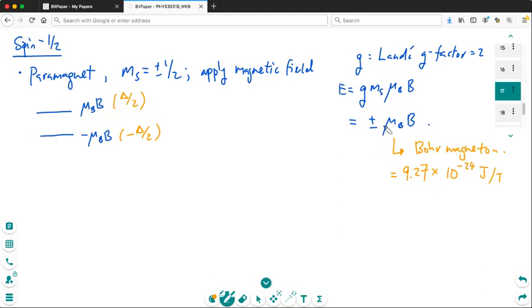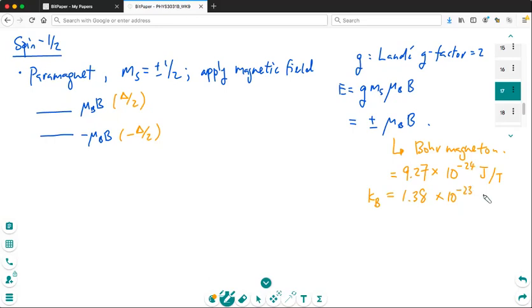You can think of it this way, right? So this is an energy scale which is more or less determined by my external field. If I apply 1 Tesla, the splitting will be of the order of this times 1 Tesla. Okay, and for thermodynamics, our energy scale is set by the Boltzmann constant. And look, what is the size of the Boltzmann constant? This is 1.38 times 10 to the minus 23.